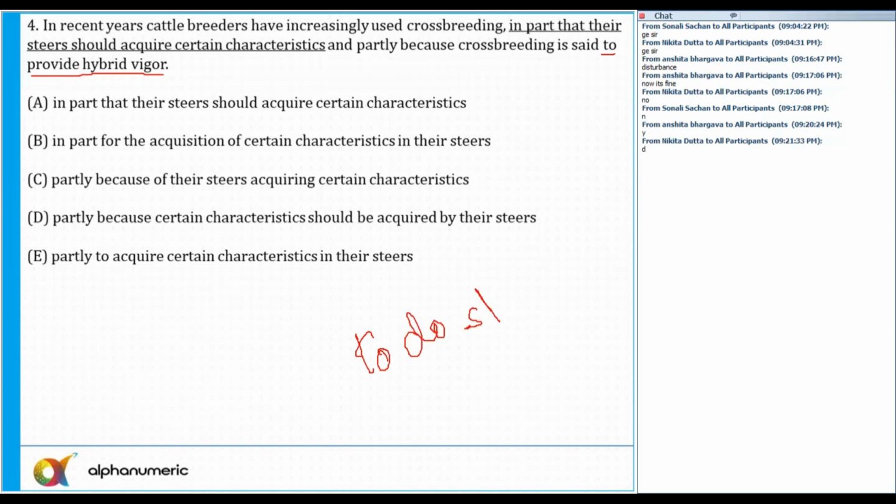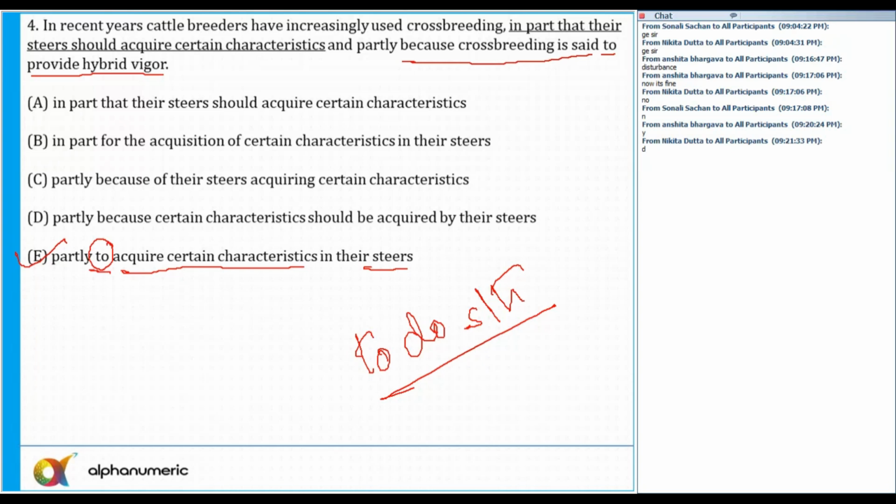It has to be in this form. Okay. So I think E is the answer: partly to acquire certain characteristics in their steers, and partly to provide hybrid vigor. Both after partly we have two, and in the same form, it's parallel. I think E is the answer for question number 4.